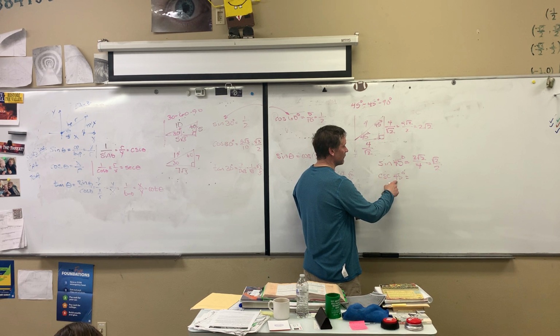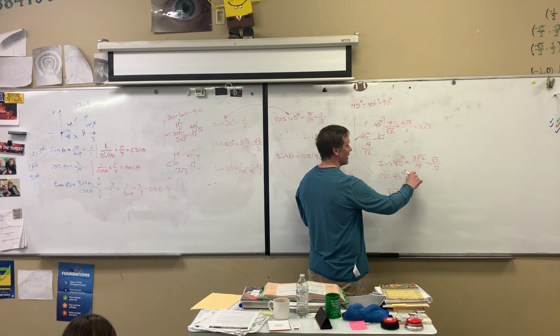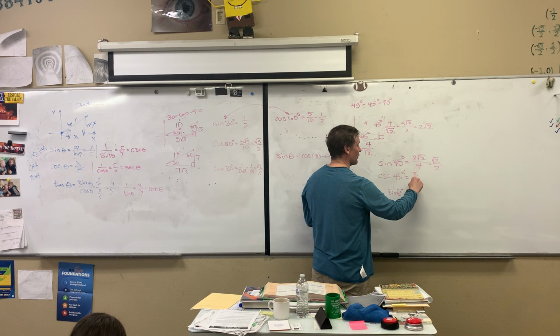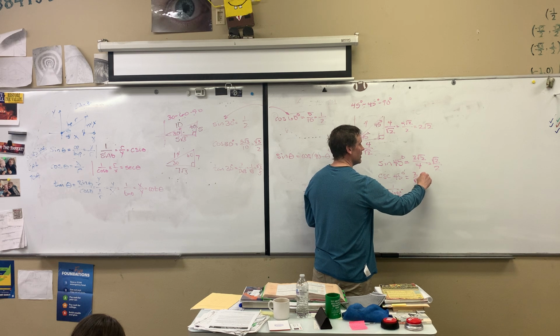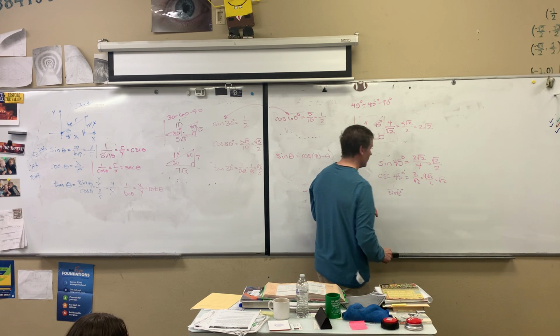So cosecant of 45 is the same thing as 1 over sine of 45. All you do is take your value and flip it. So this is equal to 2 over root 2, which would be equal to 2 root 2 over 2, so it's just equal to root 2.